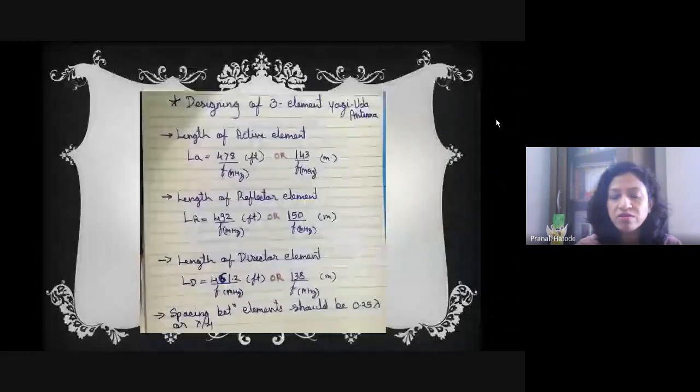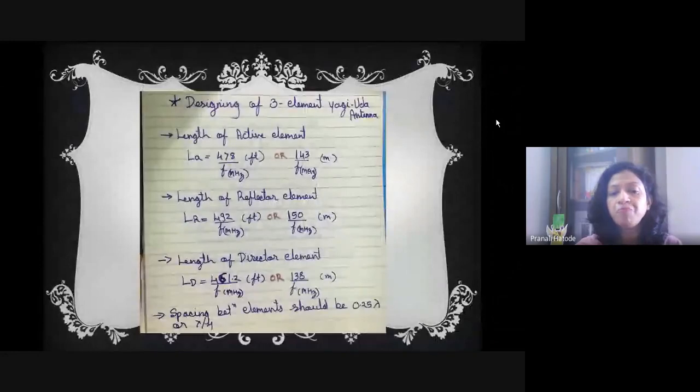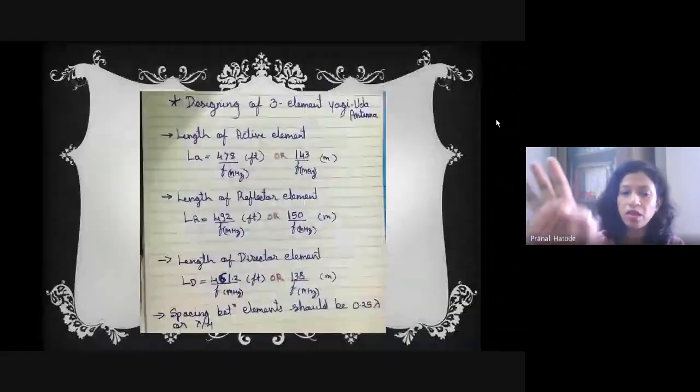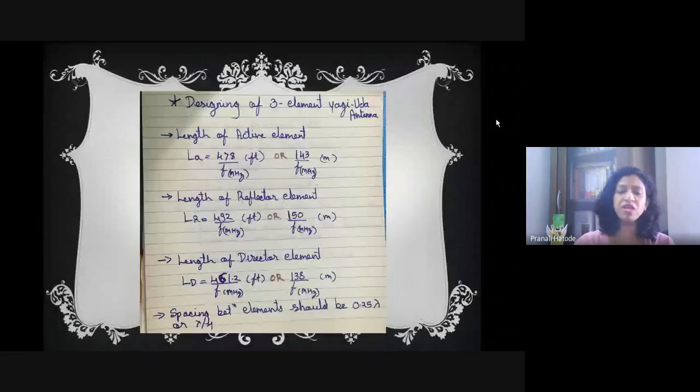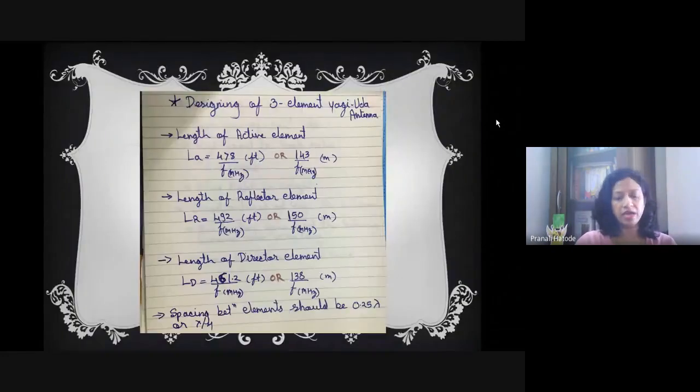Then the length of directors could be 461.2 by frequency in feet and 138 by frequency in meters. So this must be the length of the active element, the reflector, and the director element in the case of the 3-element Yagi antenna.